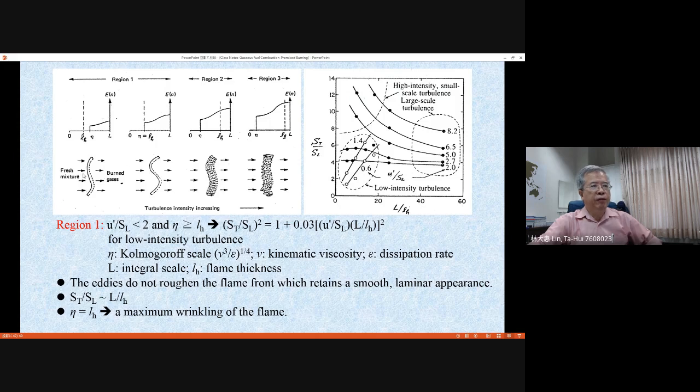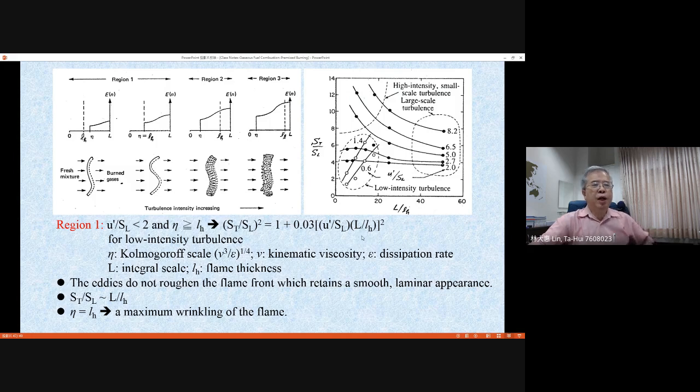And you find the flame speed can be described by this equation. This equation simply tells you the ratio of flame speed between the turbulent and the laminar is linearly proportional to the scale comparison between the integral scale and the flame thickness. So these two ratios have a linear relationship.